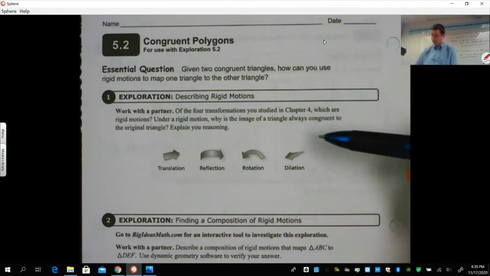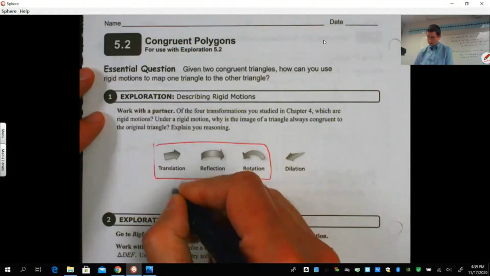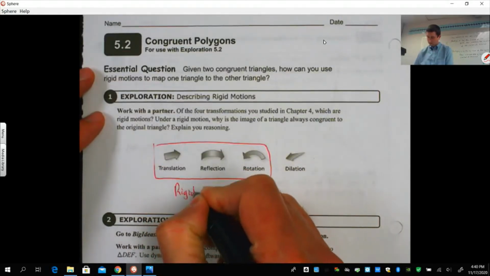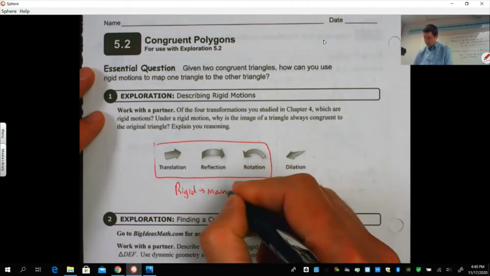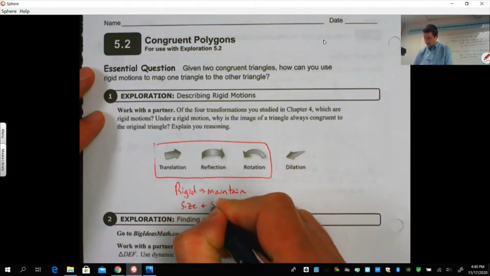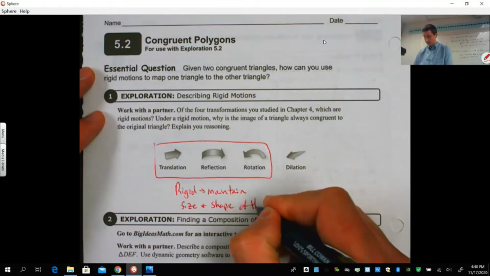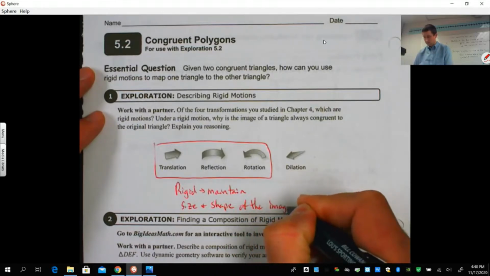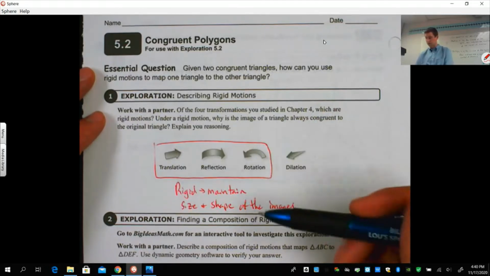Remember from chapter 4, on page 128, that these three options are called rigid motions because they maintain the size and shape of the images. So translations, reflections, and rotations are referred to as rigid motions.